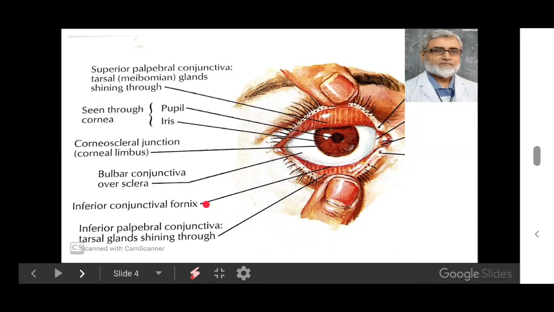Inferior fornices. And the junction of cornea with sclera is also known as limbus. In details, every part of the eyeball regarding cornea, pupil, conjunctiva, sclera, and other layers will be discussed in the next discussion of eyeball.